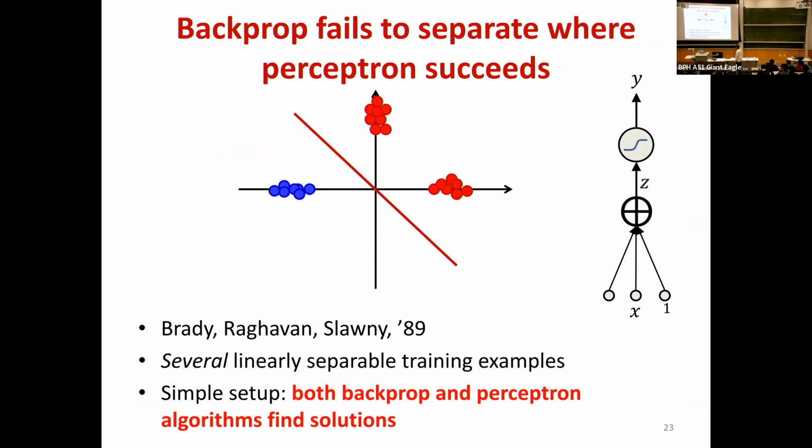There's a very nice paper by Brady, Raghavan, and Sloney back in '89, which demonstrates this with very nice examples. Here is an example where you have a collection of red and blue training points. They're linearly separable, and let's assume that I'm training one single perceptron.